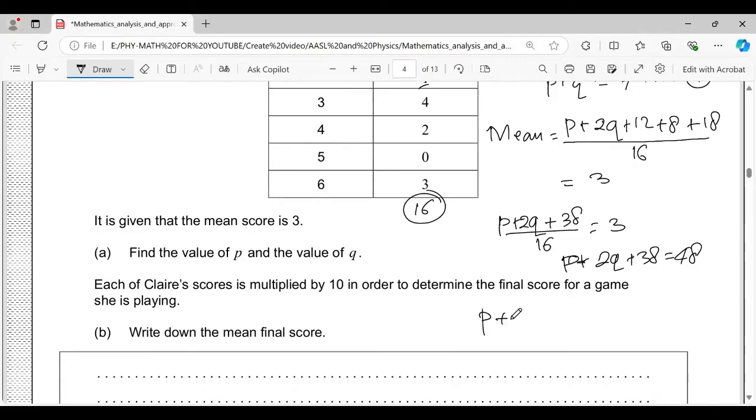So P plus 2Q equals 48 minus 38, which is 10. This is the second equation.